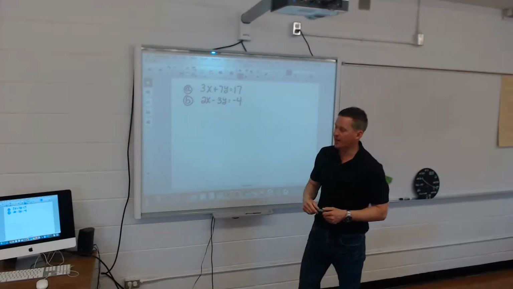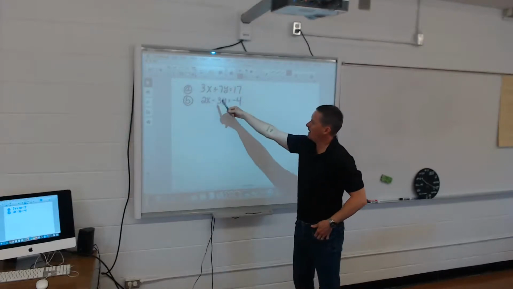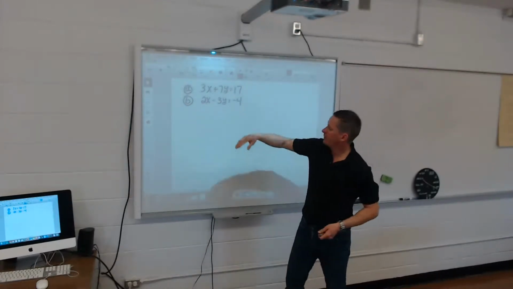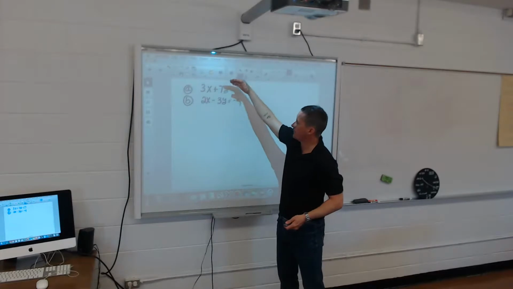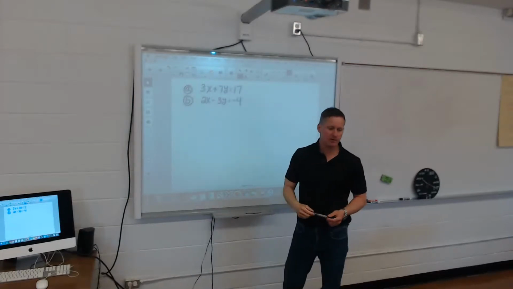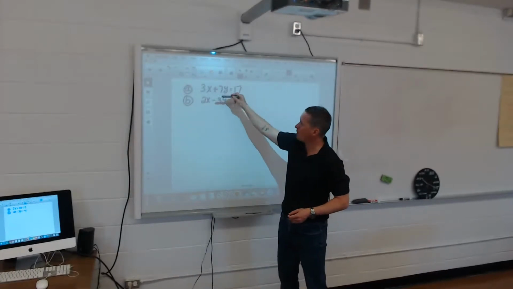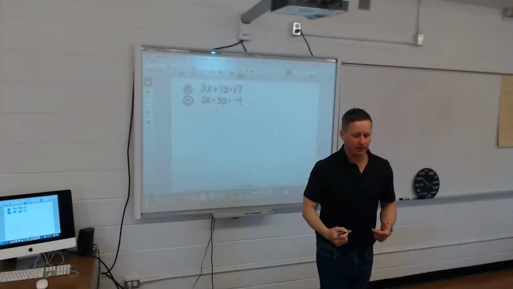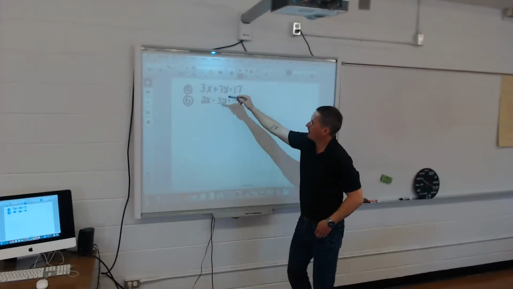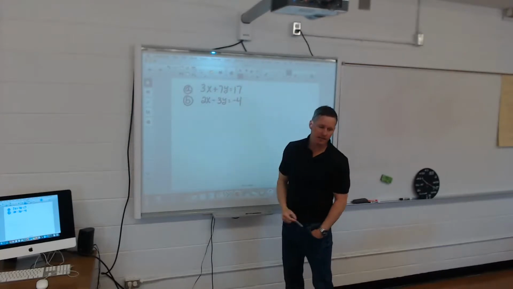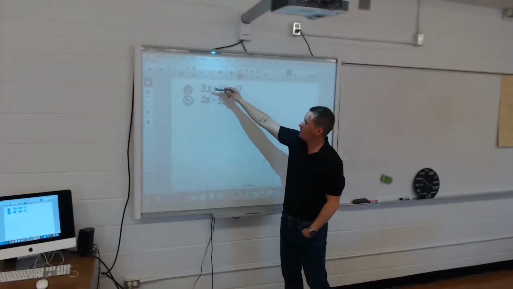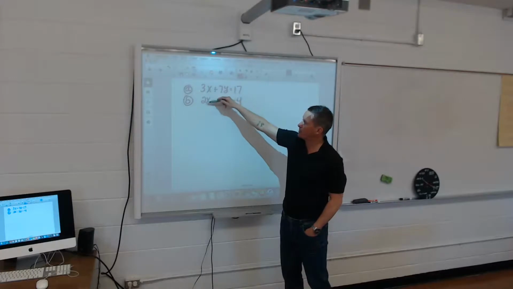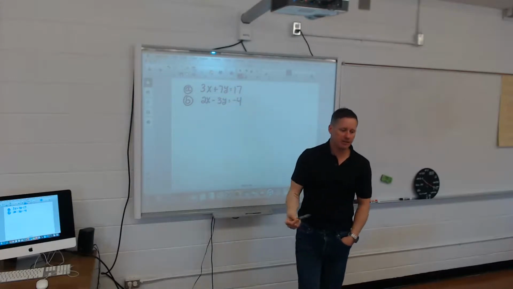Okay, so looking at it, I have nothing that I can add, because if I add this, I'm not going to get rid of one of my variables. So I have to change one or both of the equations so that when I add them, I get rid of a variable. Well, I got a 3x here and a 2x here. I know that if I multiply this by 2 and this by 3, I'm going to get them both to 6.